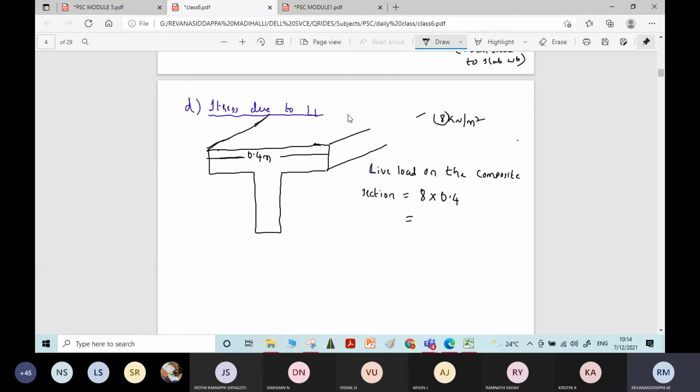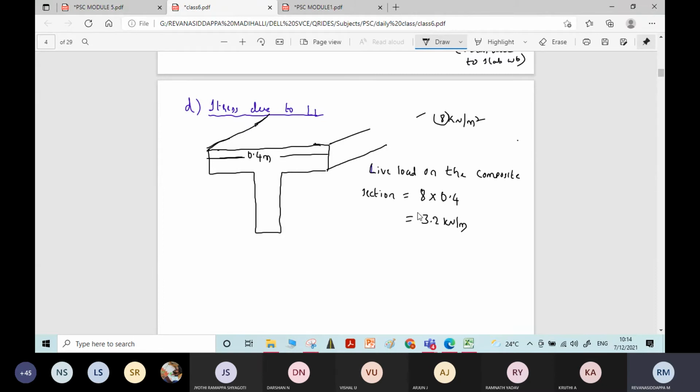Are you understanding? 8 into 0.4, how much will you get? 8 times 4 is 32, so 3.2 kilonewton per meter. We have converted this load per meter square area into load per meter length.